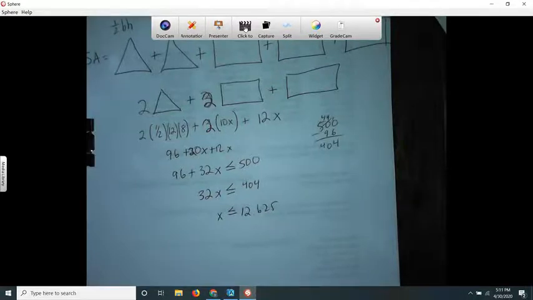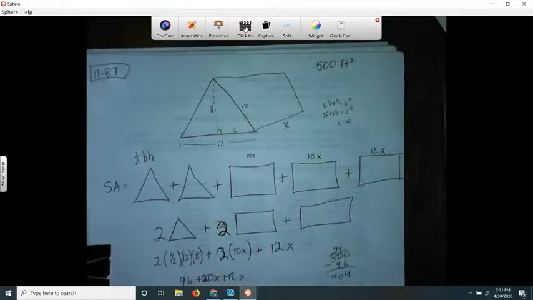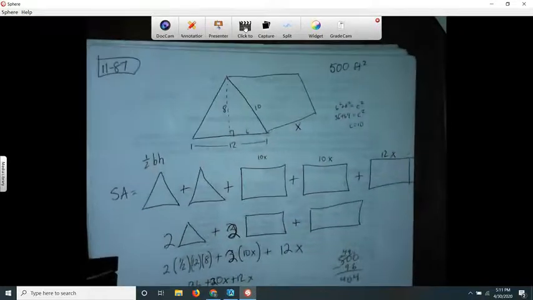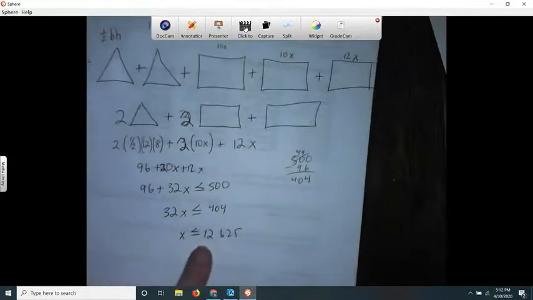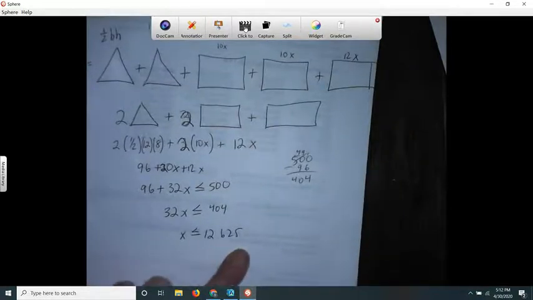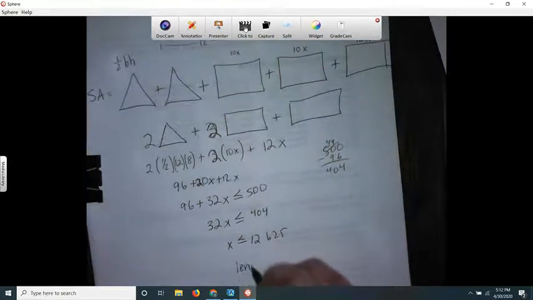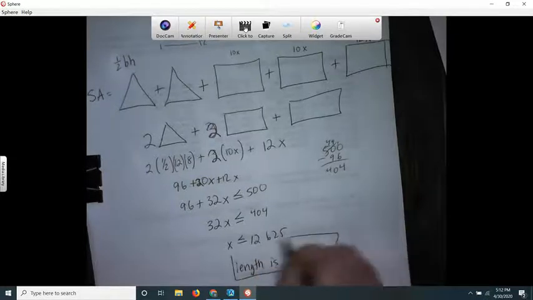But since they're giving us measurements in feet, it's 12 by 8 by, or were they feet? I think they were feet. I just want to say 12 feet. I can't go higher than 12.6, so I'm going to say the length is 12 feet. Okay.